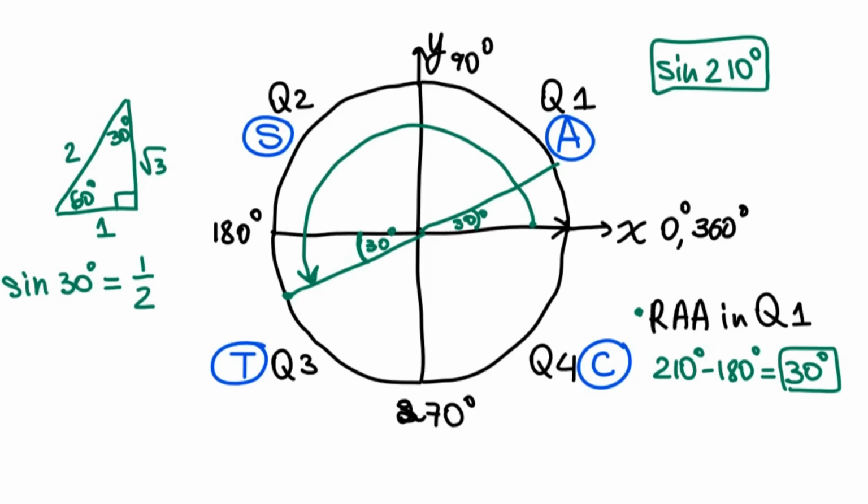Since the 210 degree angle is in quadrant 3, and in quadrant 3 only tangent ratio is positive, the rest are negative, I have to state that sine of 210-degree angle is equal to negative 1 over 2. The same value as the ratio of a 30-degree angle, the related acute angle, with the opposite sign.